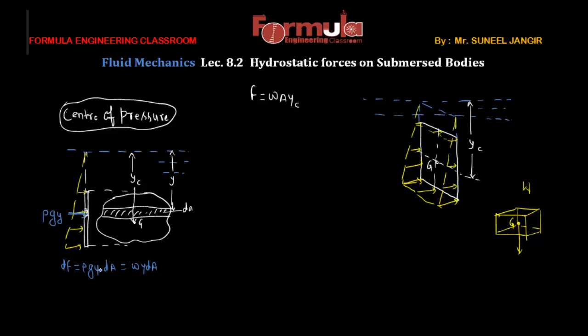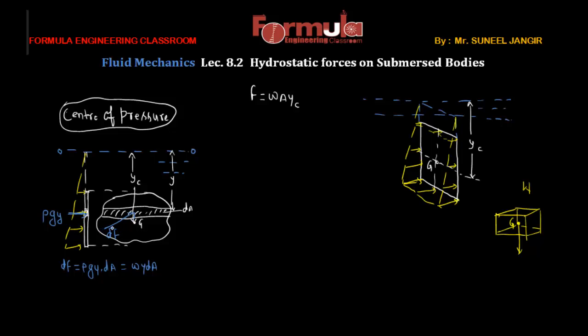Now this elementary force is acting normal to this surface or normal to this element. So this will create a moment about the free surface of fluid, which I'm calling OO. This is the free surface of fluid. This elementary force, normal to this element, I'm writing as dF.